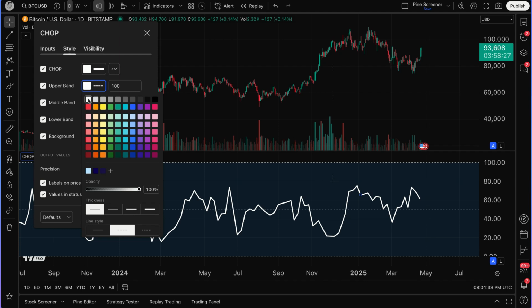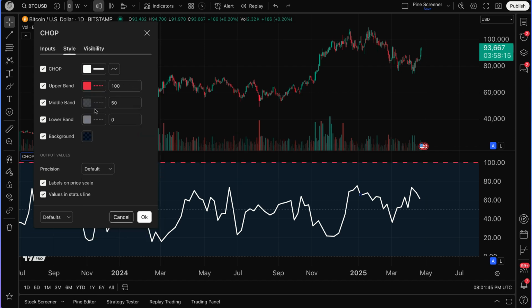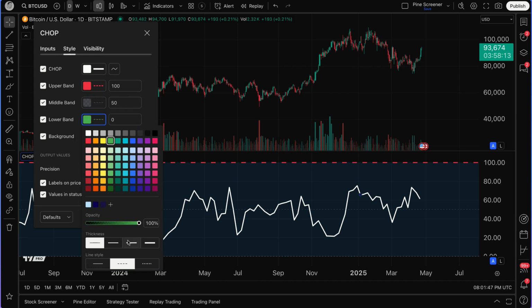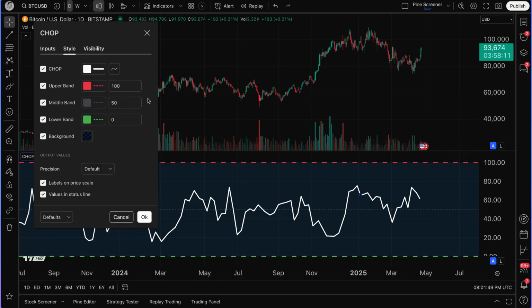Choice ultimately yours. You, of course, can also customize the color of these specific bands that you want to see. Maybe you want red to be choppy, right? So at 100, choppy means stay away. It's very choppy. Maybe you prefer to trade trends, green. So you've got the green down here. And now you've got the indicator visualized as such.